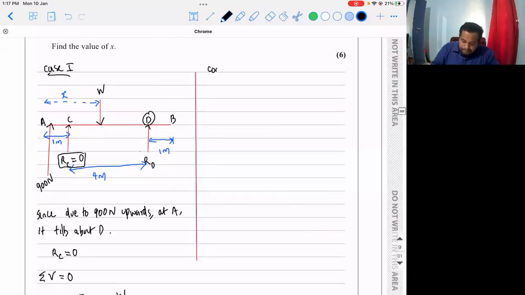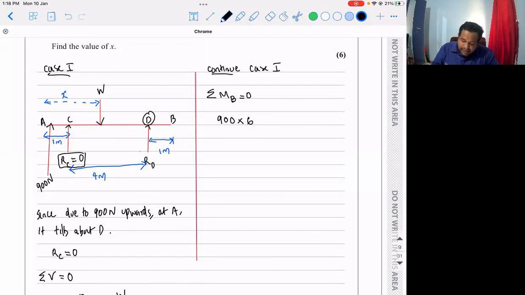Continue case 1. Then we will take total moment about any point as 0. For instance, here I'm taking total moment about B is equal to 0. This is another equilibrium condition, right? So 900 times the perpendicular distance, the total distance is 6, right? 900 times 6.